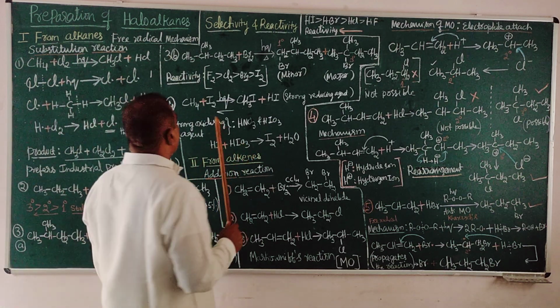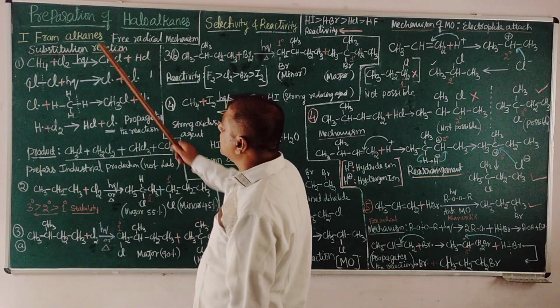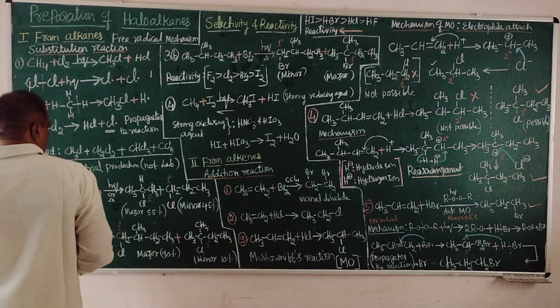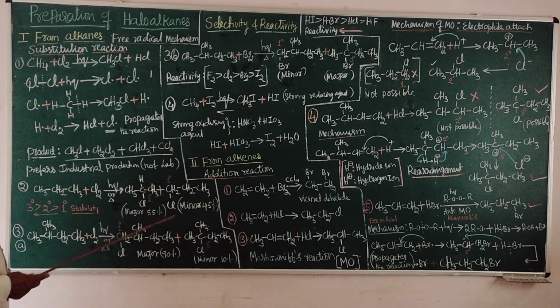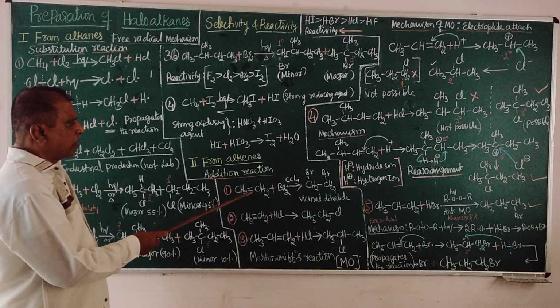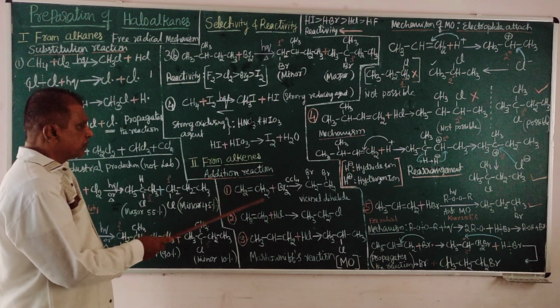What is that? More derivatives, the halogen derivatives from the alkenes. The second method is from alkenes. Alkenes means there must be a double bond between carbon and carbon.